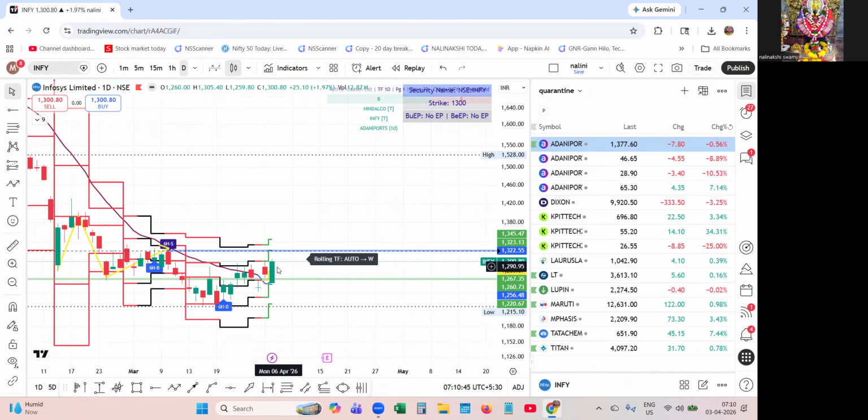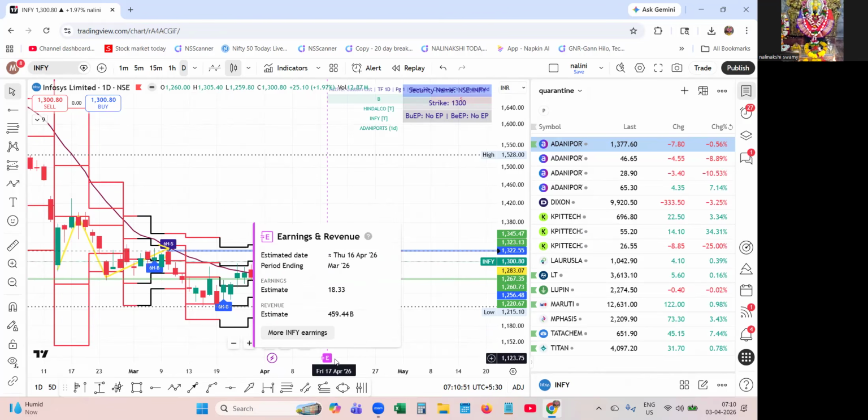You can keep Infosys because its results are there. Earnings results are there on 16th April. 16th April means we will be coming to the next week, I believe. Today is 3rd, 4th, 5th, and 6th.